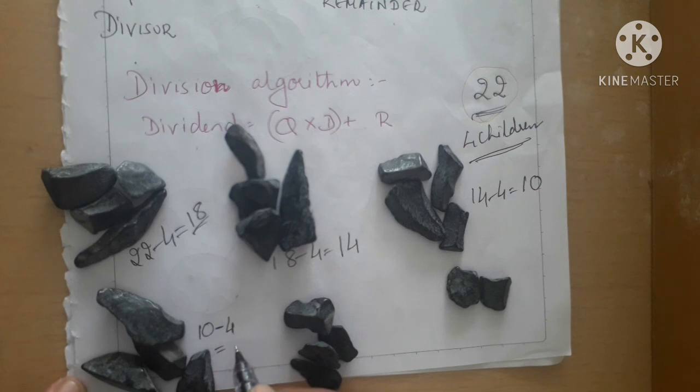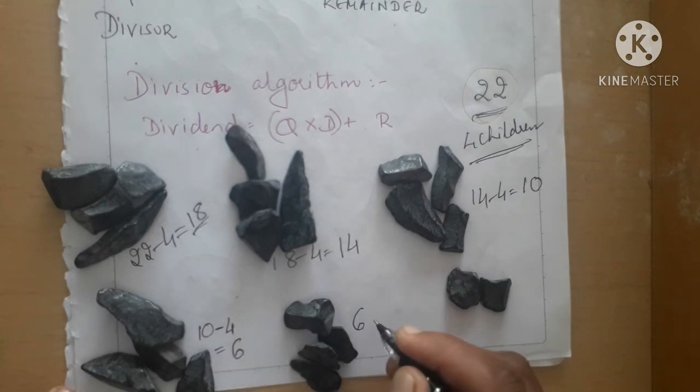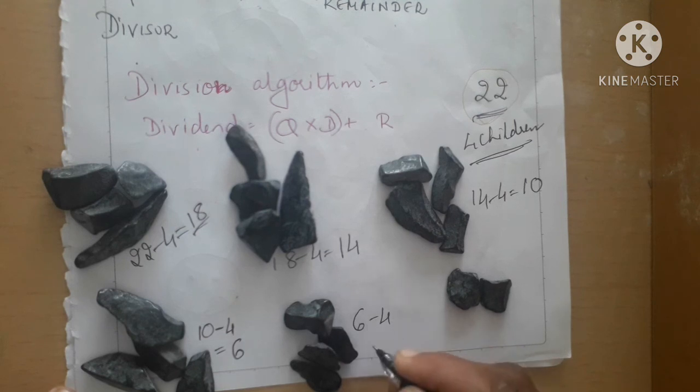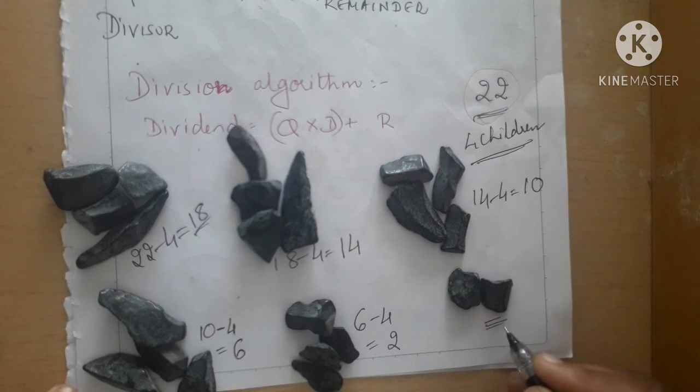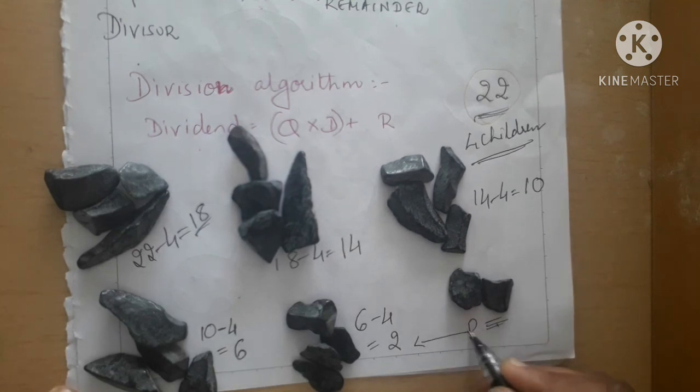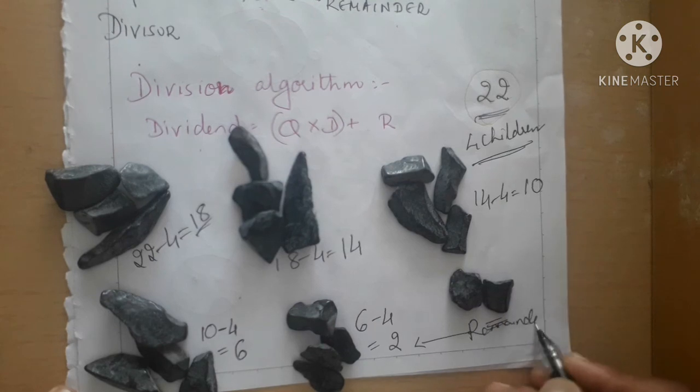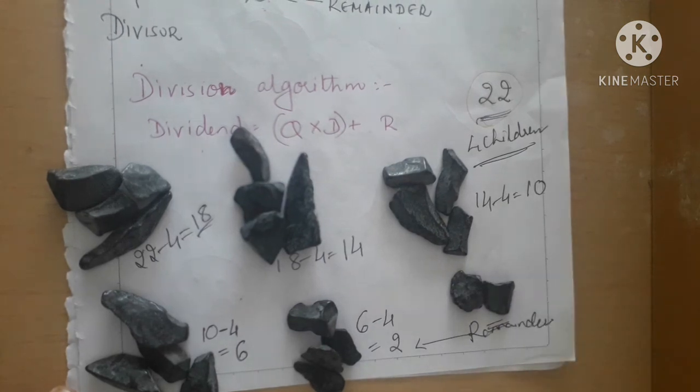So I was left out with 6 mangoes. Then 4 were given to 4 of the children. So I was left out with 2 mangoes. Okay, so what is this 2? 2 is the remainder. And what is the quotient here? 4 5s are 20, right?